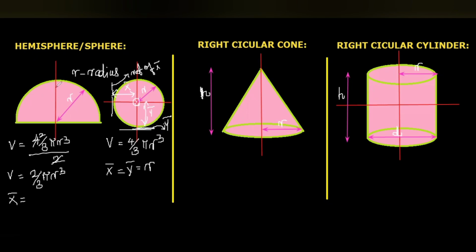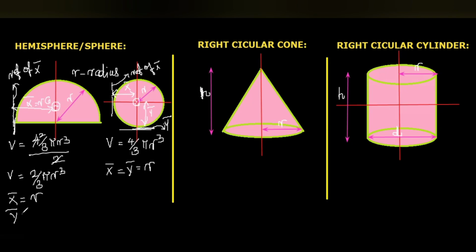Since this is symmetric about the vertical axis, the center of gravity lies on the vertical axis itself. So the leftmost line is the reference of x bar, and the distance x bar is equal to the radius, because this dimension is the radius. So here x bar is the radius.